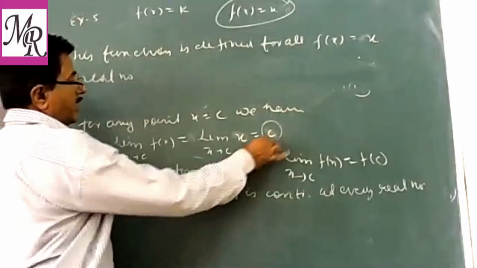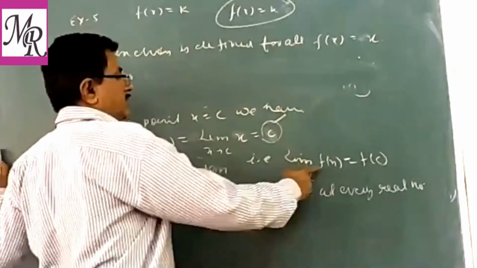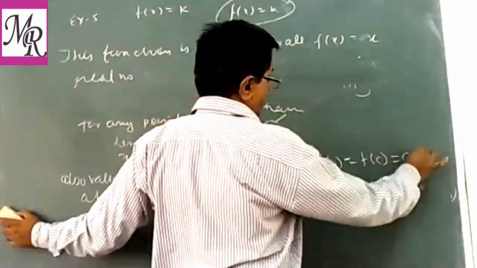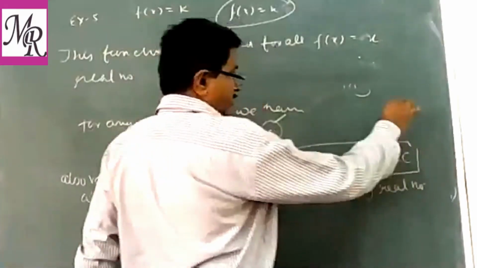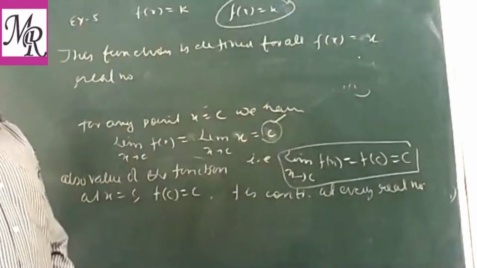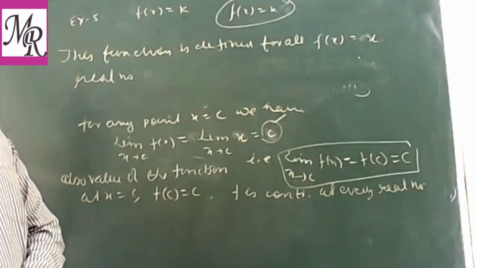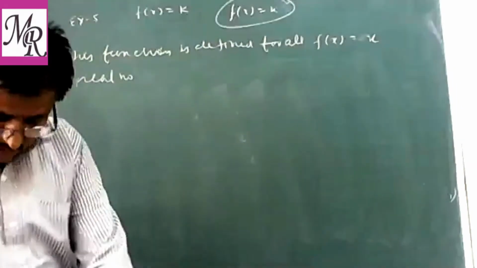So again both are equal. That is, the limit of f(x) as x tends to c and the value of the function are both equal. Correct? So we can say this function is continuous. Write this down also. Definition is given.